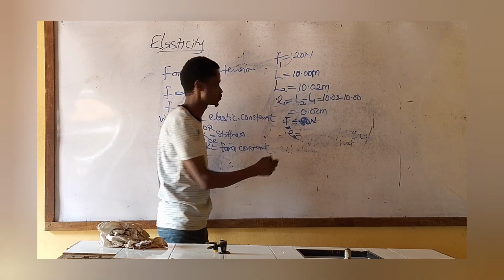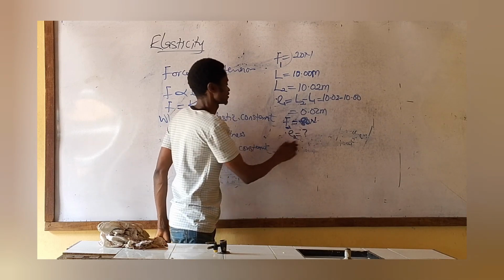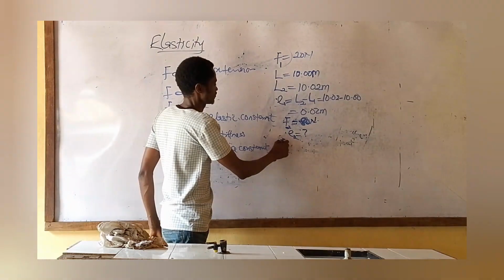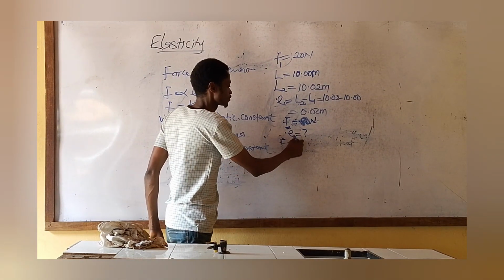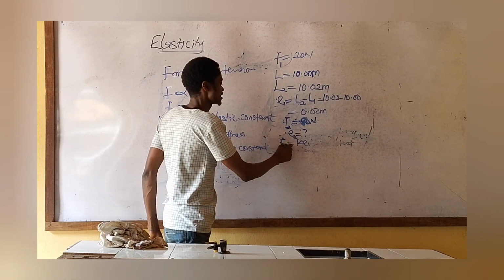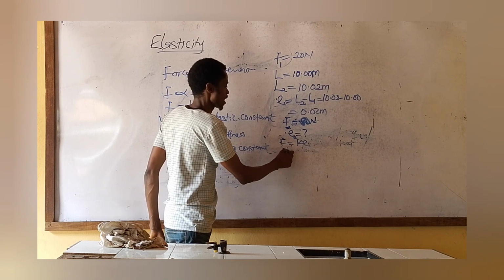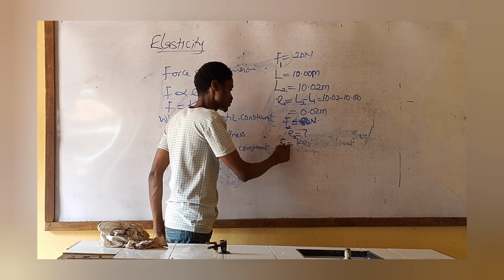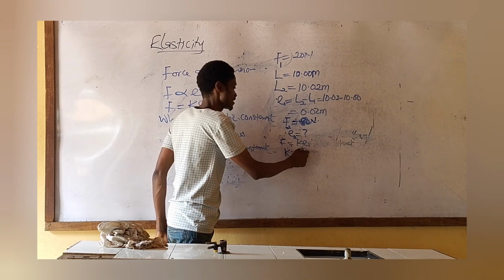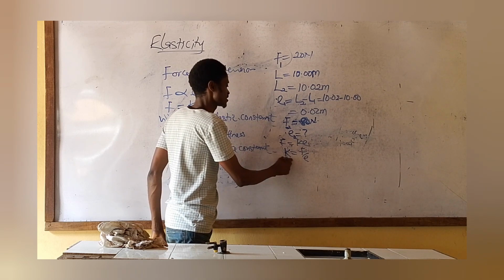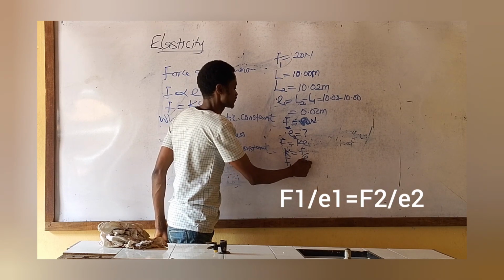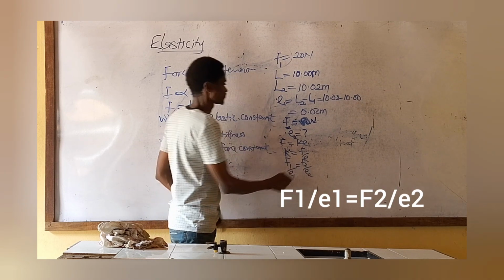We'll now say F normally is equal to Ke. If we make K the subject of the formula, we can say K equals F over E. It means F1 over E1 equals F2 over E2.